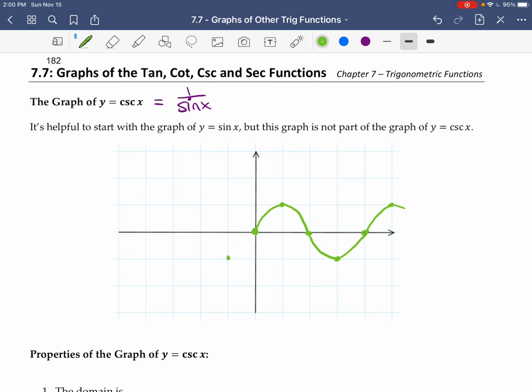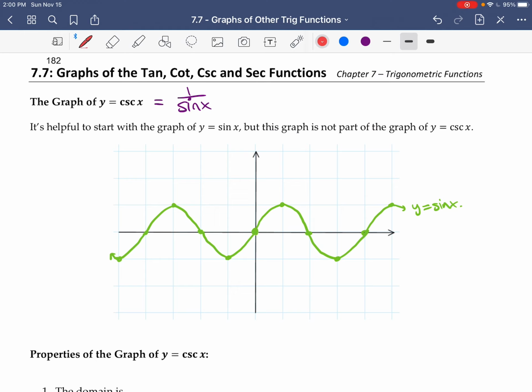And then I can keep going in this pattern. So this is the graph of sine x.